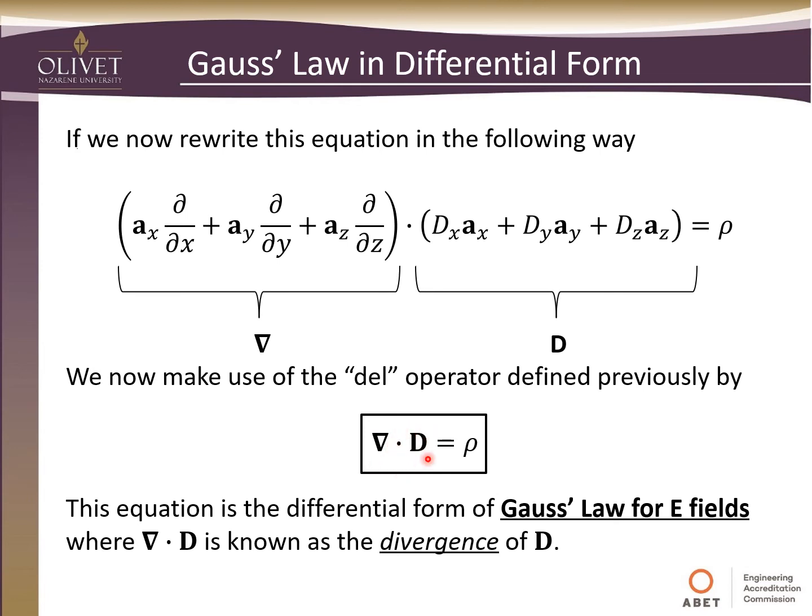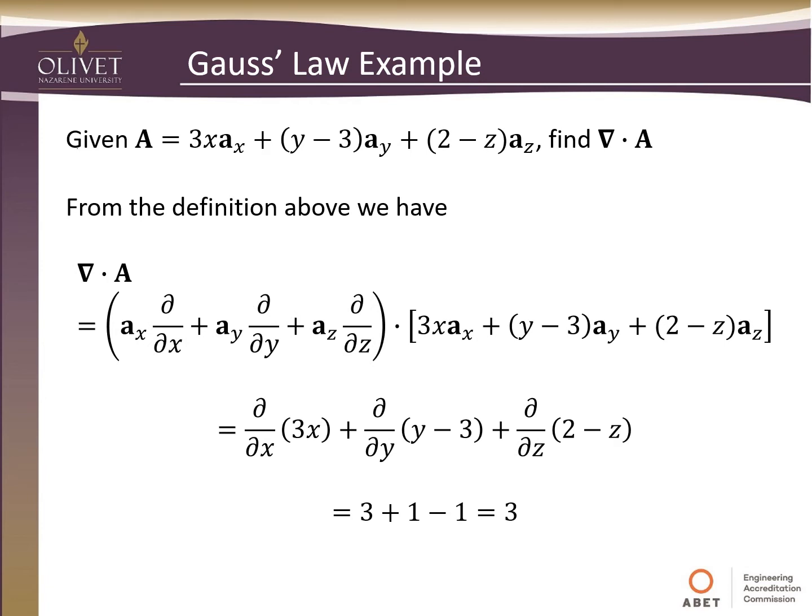So the divergence of the displacement vector should equal the total charge inside of a volume. So this, in essence, is Gauss's law for E fields in differential form.